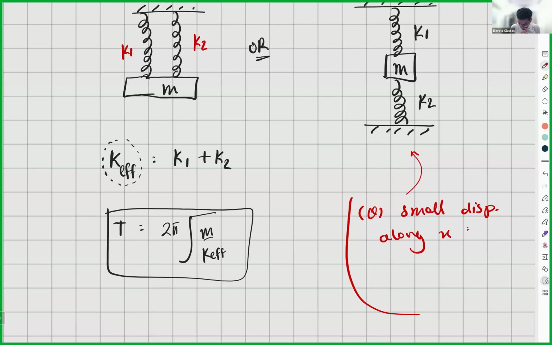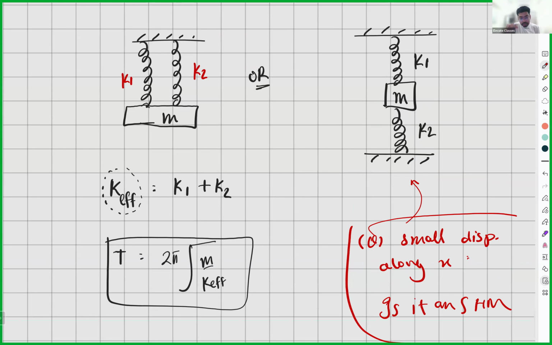Is it an SHM? This is your homework. You have to see if you displace this in the x direction, there will be some forces making an angle.